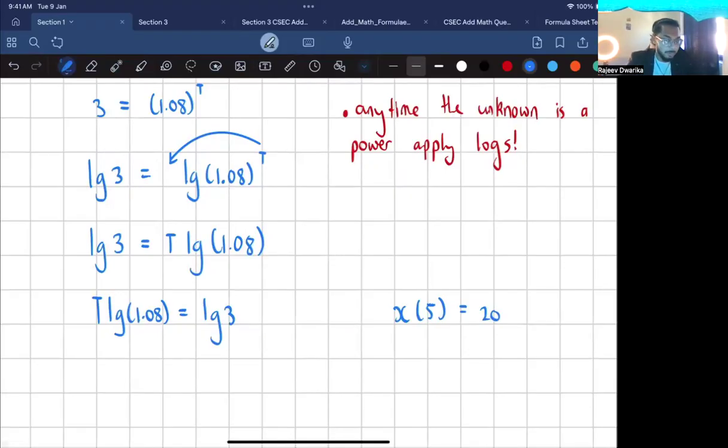You divide both sides by 5, right? So what do you think we should do on both sides? What can I do in the way of t? 1.08 or log 1.08? Log 1.08. Right. You would have to divide both sides by log 1.08.